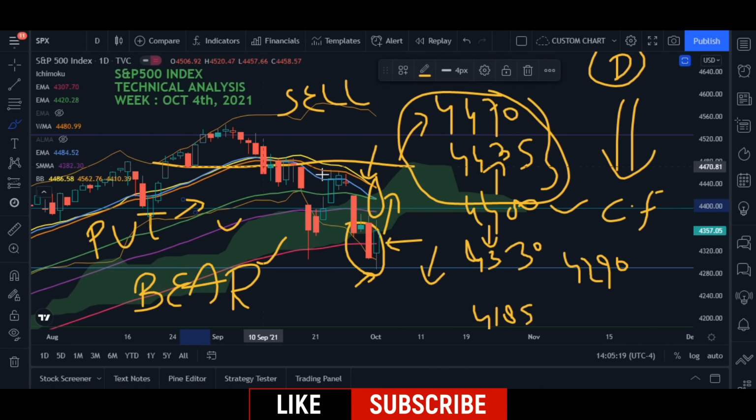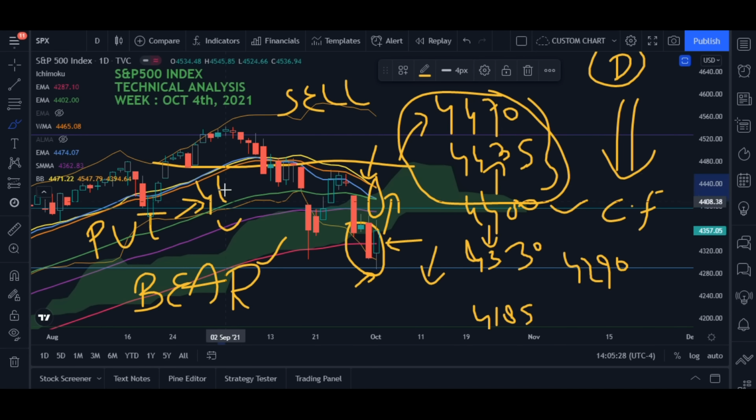You should buy the put option of the S&P 500 index, and I would recommend you go for 4450 again. If the market comes down heavily, you will not be able to make 1000%, but yes, you will be able to make 200%, 300%, 400%.